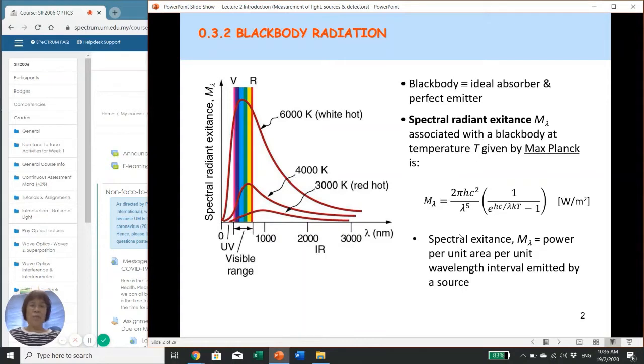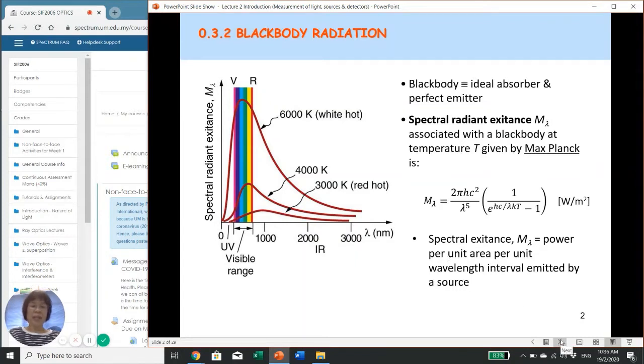So what do we mean by spectral excitance? That would be the power that's emitted by the radiation source in one unit area and a unit wavelength. So that's the definition, and this is what you see here.